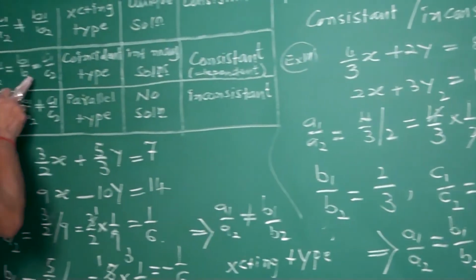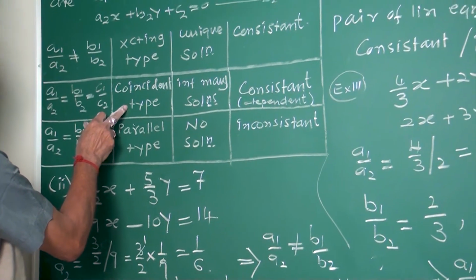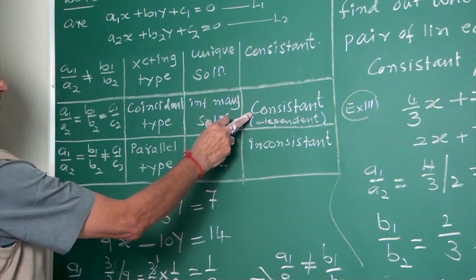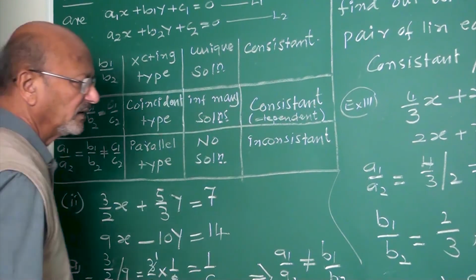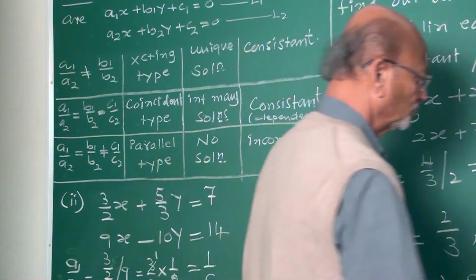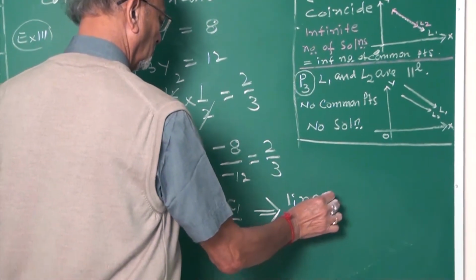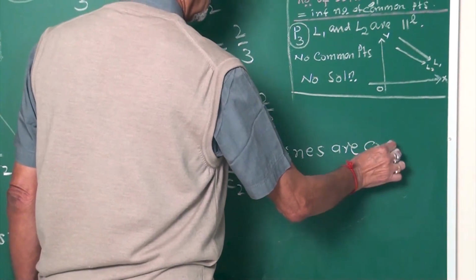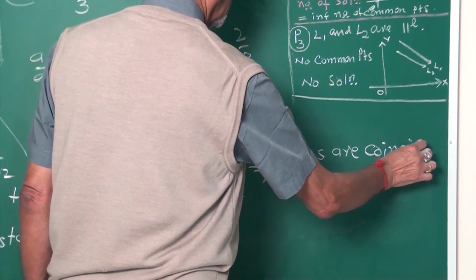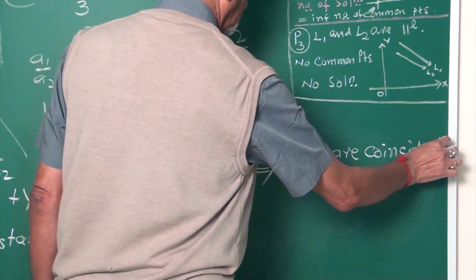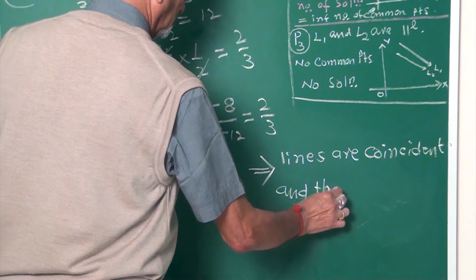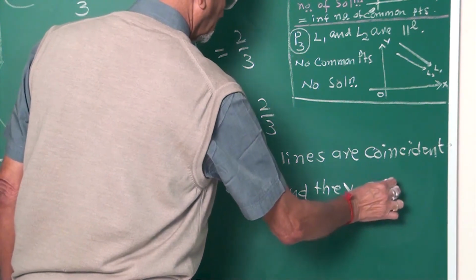The lines are coincident type, and hence it is consistent dependent. So lines are coincident, and they are consistent.